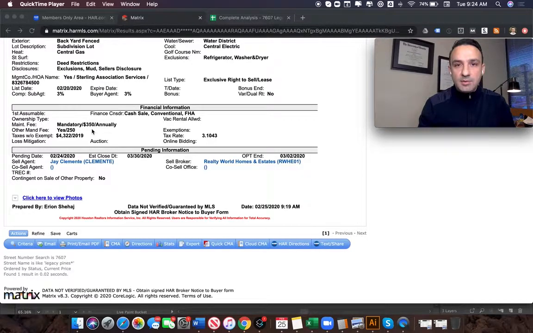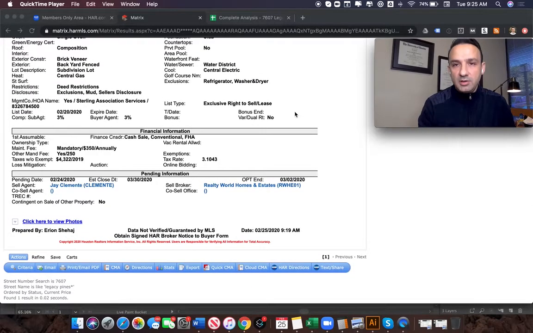The second step in the process is we have to determine what is the fair market value of this property for lease, or in other words, what will this property lease for when we put it on the market to find a tenant.